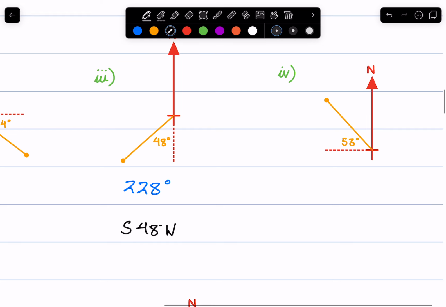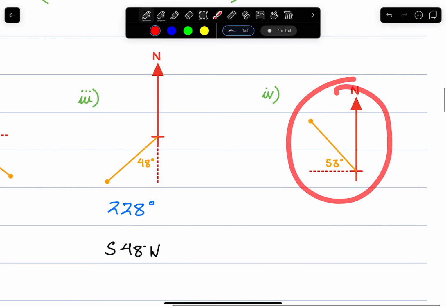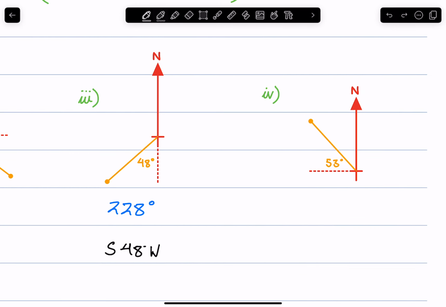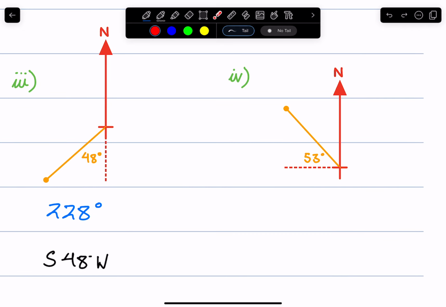All right, let's keep moving. Let's do the true bearing again for this diagram. Remembering that for true bearings, we must always start from facing north, and we go clockwise. Well, in this instance, we can do this in one of two ways.